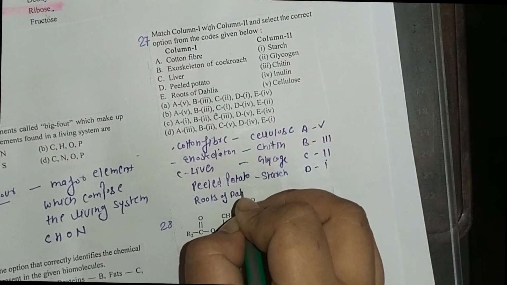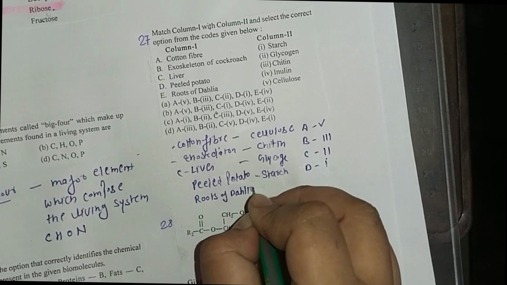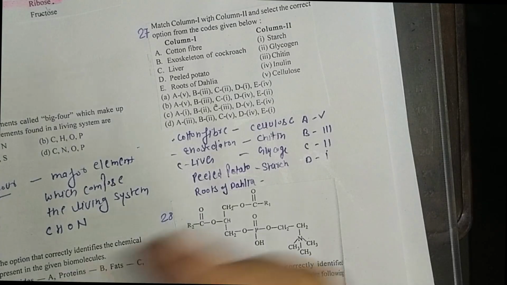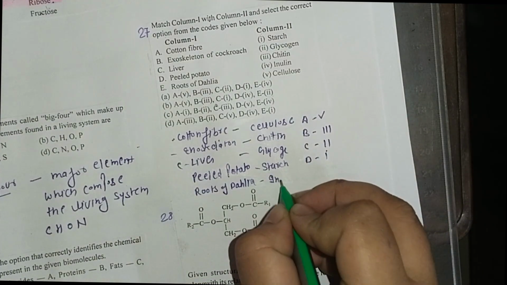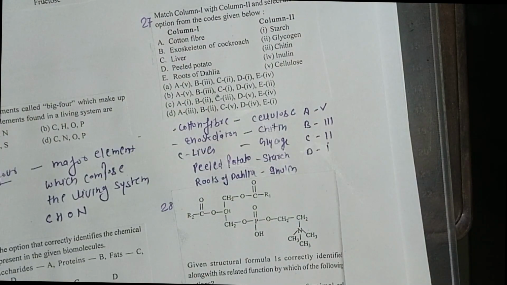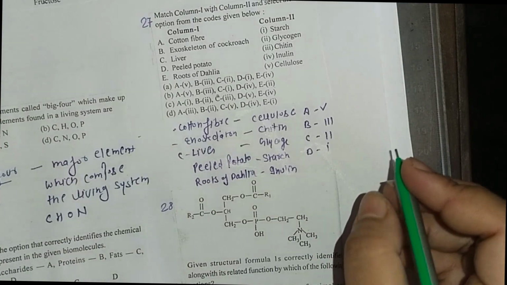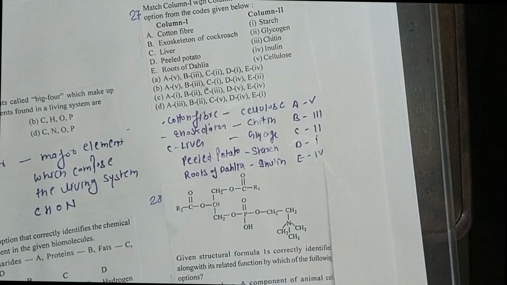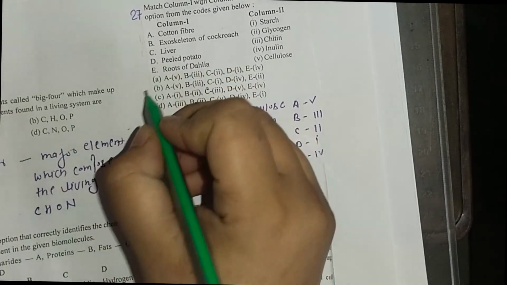We have studied that the roots of dahlia and artichoke are rich in inulin, which is a fructose polymer and is also present in bacteria. So E option is going to match with fourth. So 5, 3, 2, 1, 4. So the correct answer is A.